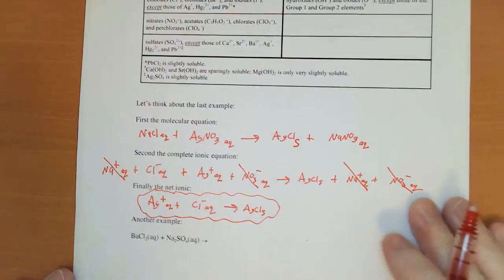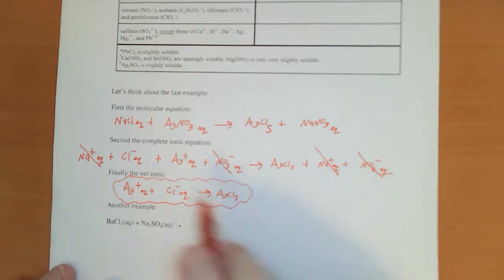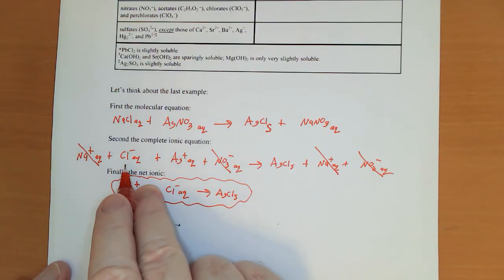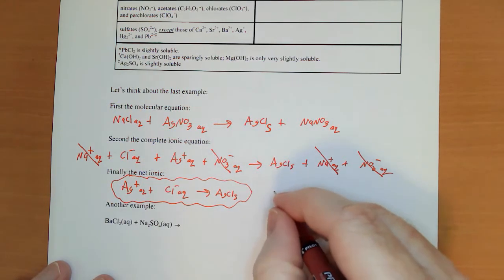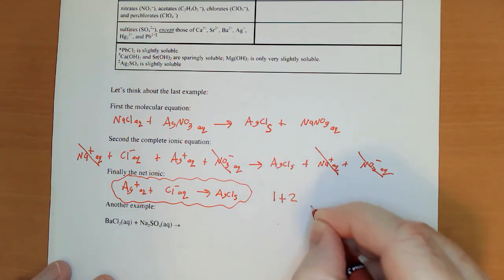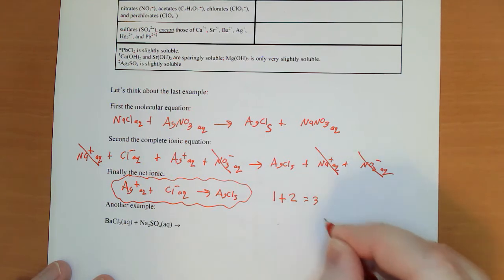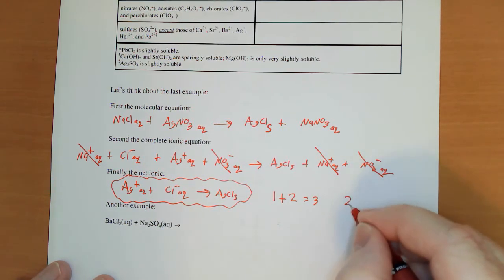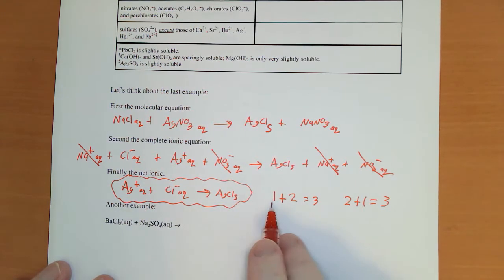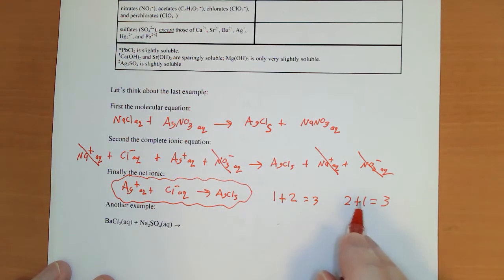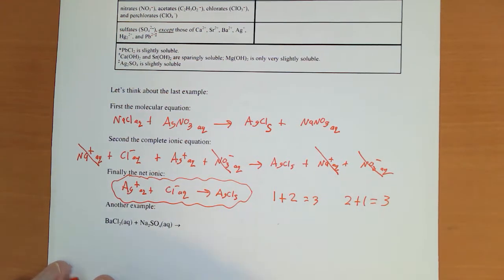Now, I know that some people are likely to get concerned because here the Cl minus plus Ag plus, I put it the other way here. Think about this. 1 plus 2 equals 3. But 2 plus 1 also equals 3, doesn't it? It doesn't really matter the order I put them up in front here. They're still going to give me the same answer.